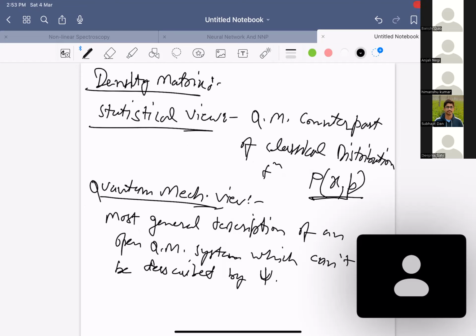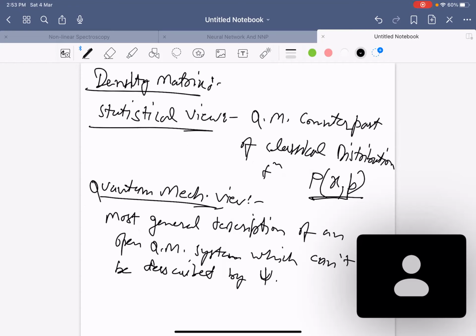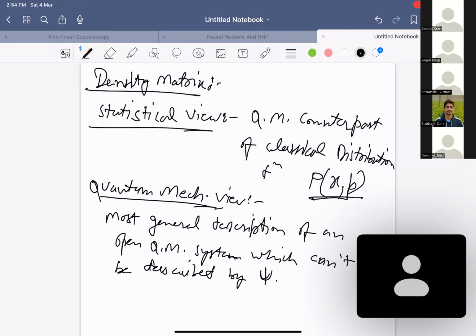If we know the position and momentum of any particular particle, then we can define its probability of finding that particular particle in that particular space. So that is defined by the classical distribution function. This is for just one particle, and depending upon different positions and momenta, we can distribute our particles in the whole space. So that distribution function defines which particle is located at which position and which momentum.